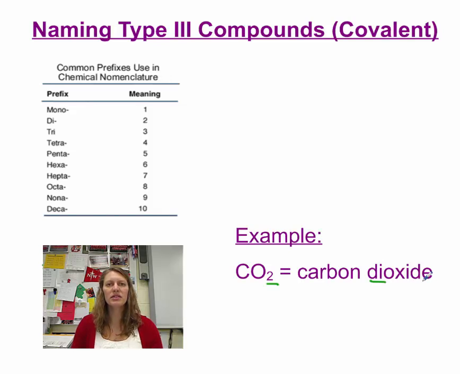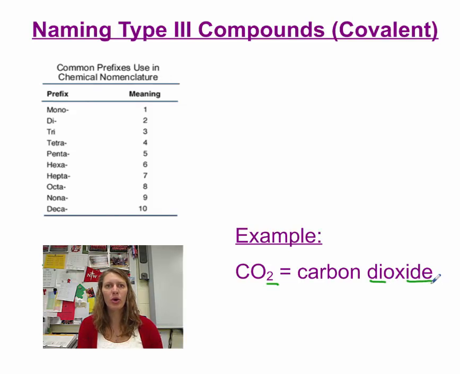There's a couple rules to keep in mind with naming type 3 compounds. The lower group number is going to always go first, and that will keep its regular name. So in this example, carbon is first and it keeps its regular name. The second element's name changes to end in "ide." So instead of writing dioxygen, here we would write dioxide.